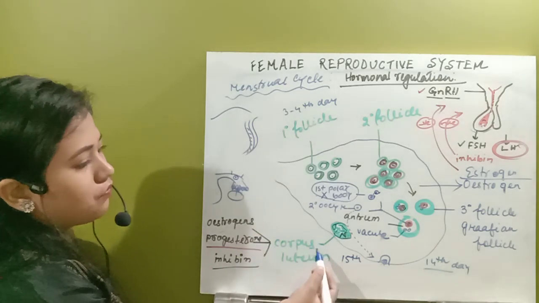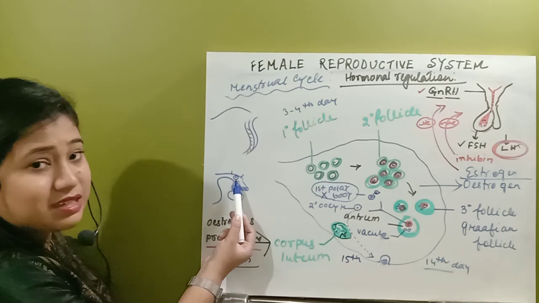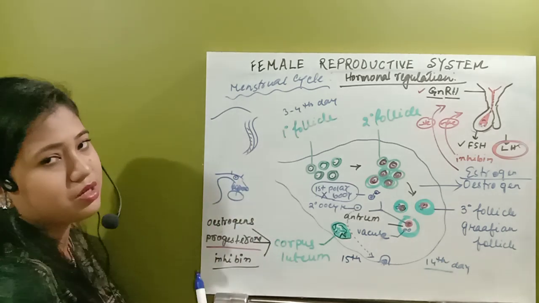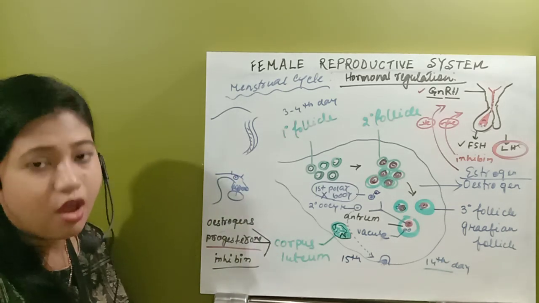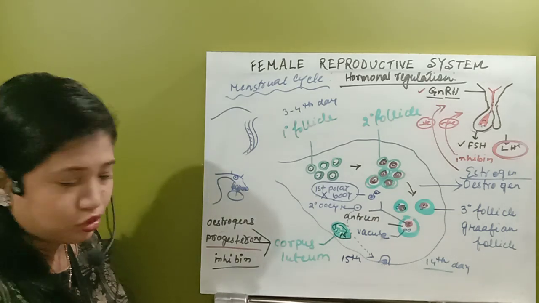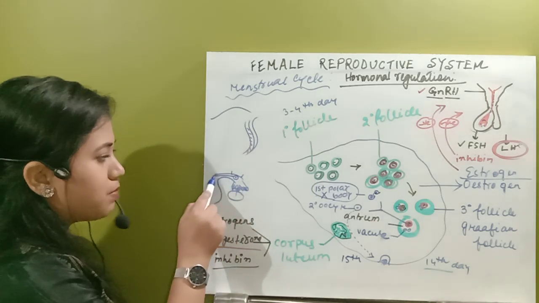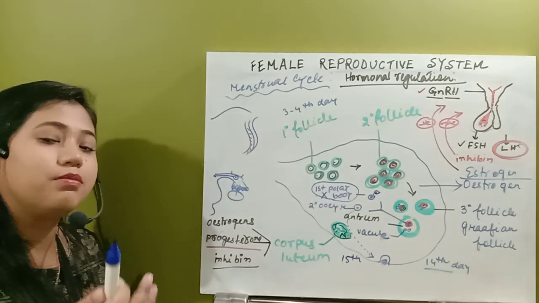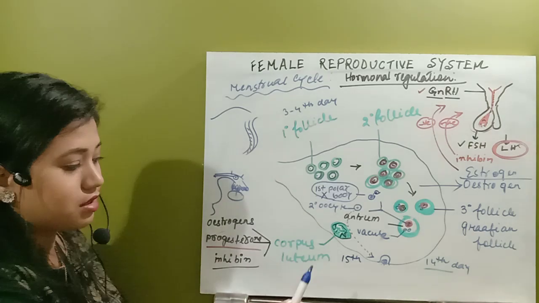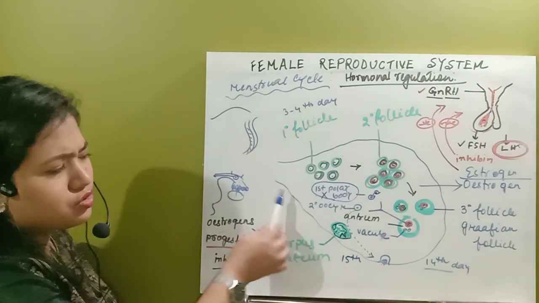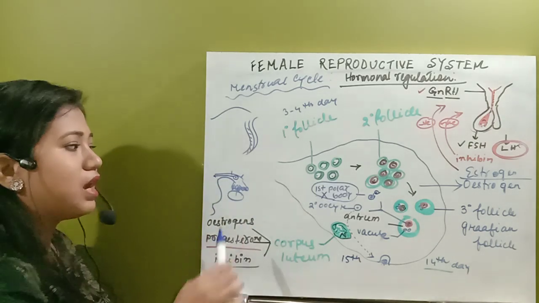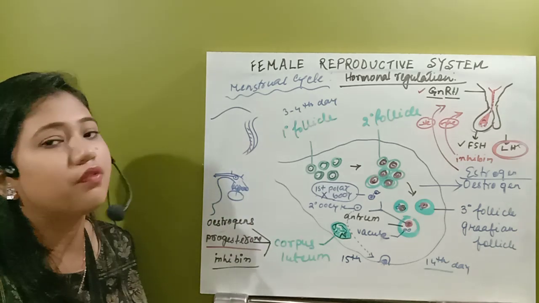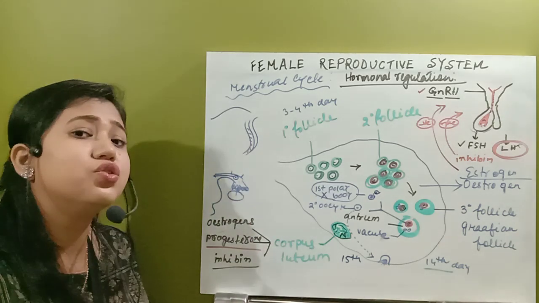So gradually, suppose this ovum is in the region of the fallopian tube waiting for fertilization, and fertilization does not occur. Gradually it becomes over-ripened. Suppose in the later secretory phase, from the 15th to 28th day, it may remain inside the fallopian tube waiting for fertilization, and fertilization does not occur.